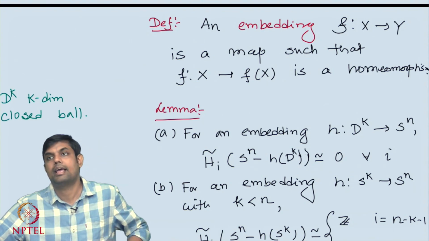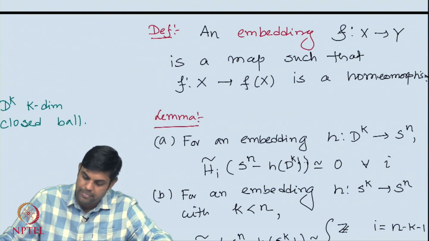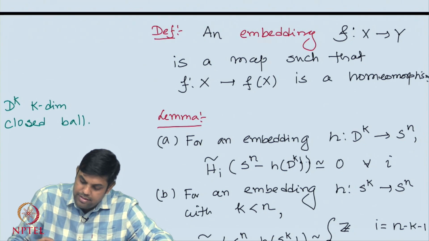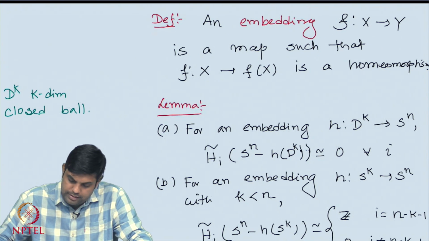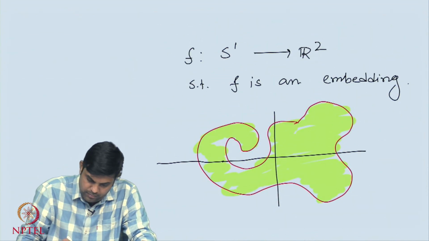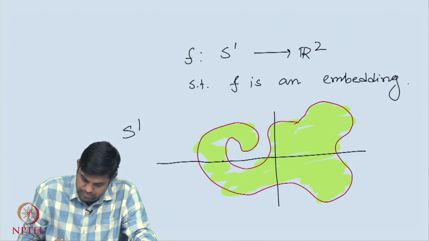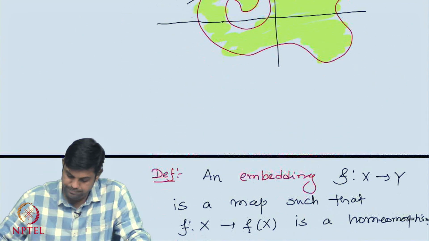An embedding f from X to Y is a continuous map such that on the image it is a homeomorphism. For example, this is an embedding of a circle into R2.